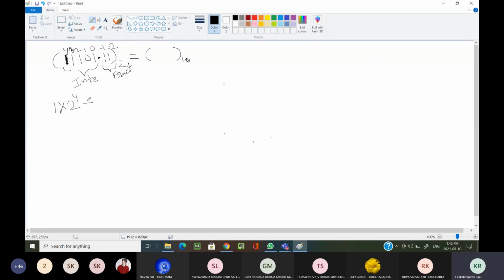I am not doing any calculations, I just want to write the expression: 1 into 2 cube, plus 1 into 2 square, plus 0 into 2 power 1, plus 1 into 2 power 0.